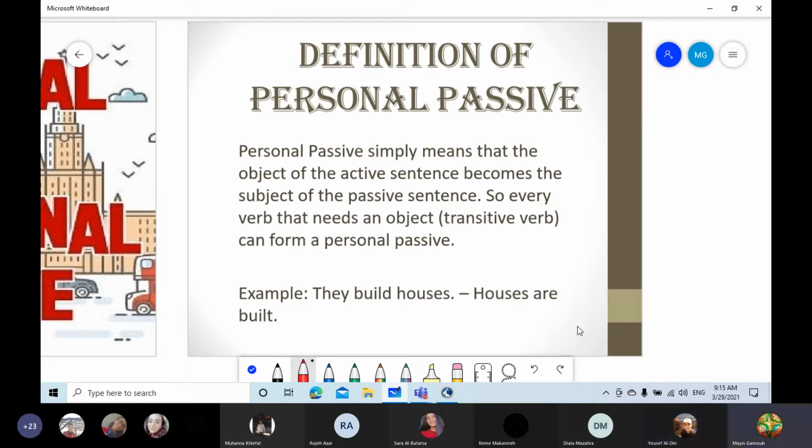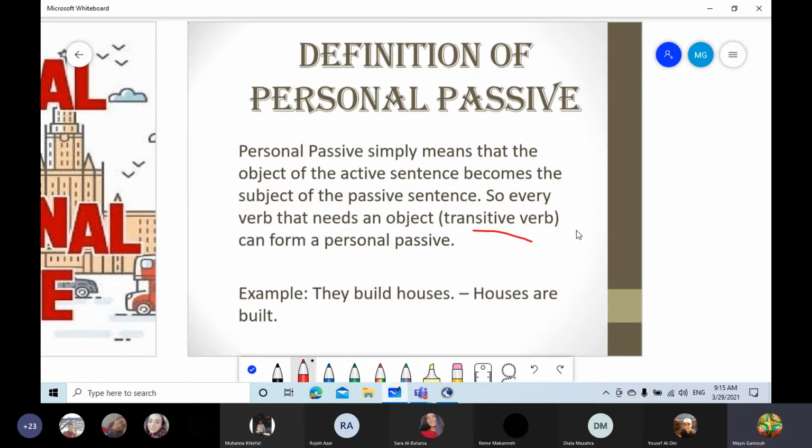Let's go back to our definition. But before that, we know and we learned that our English sentence consists of the subject, the verb, and the object. Let's all look at the transitive verb. Here we are going to deal with two types of verbs, which are transitive verbs and intransitive verbs.